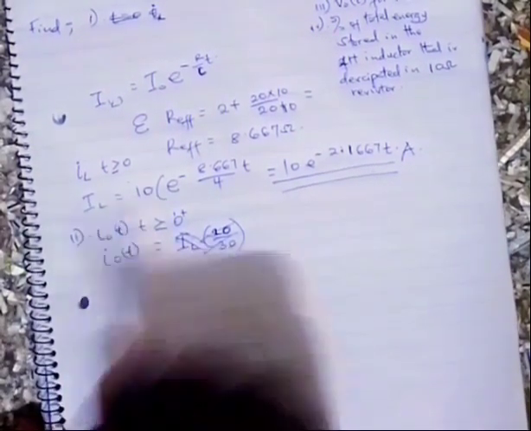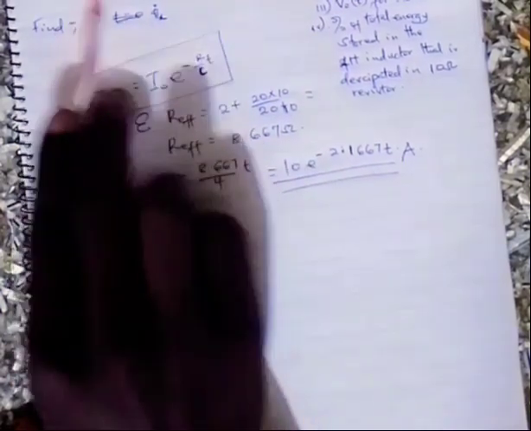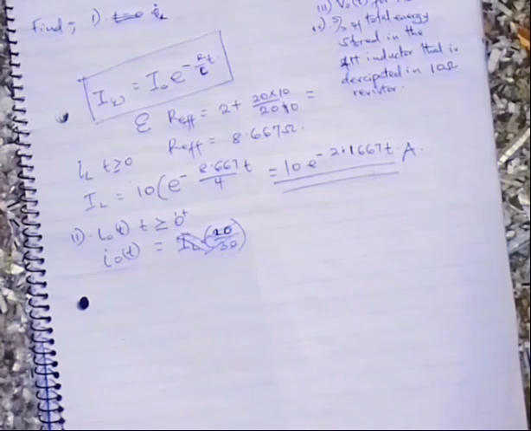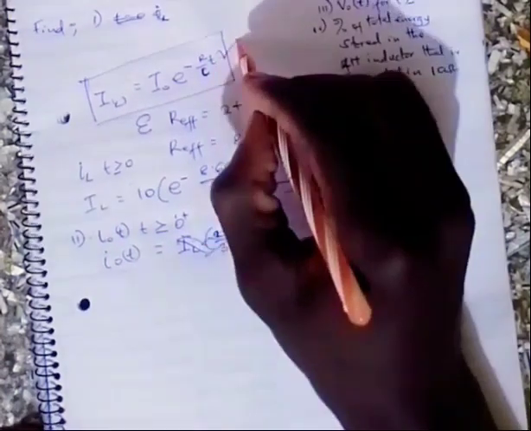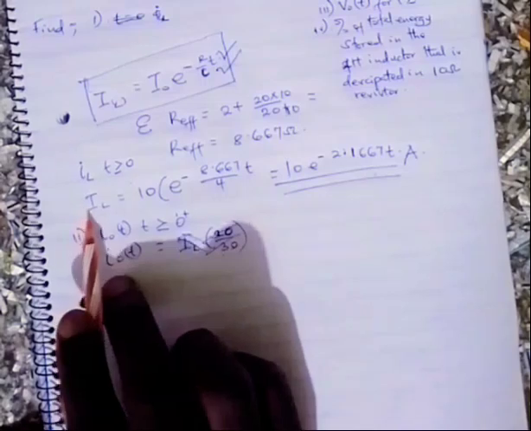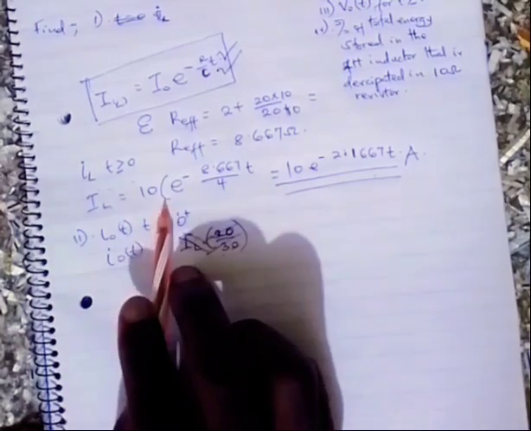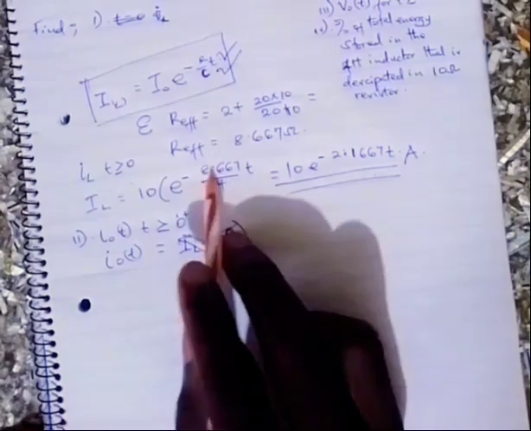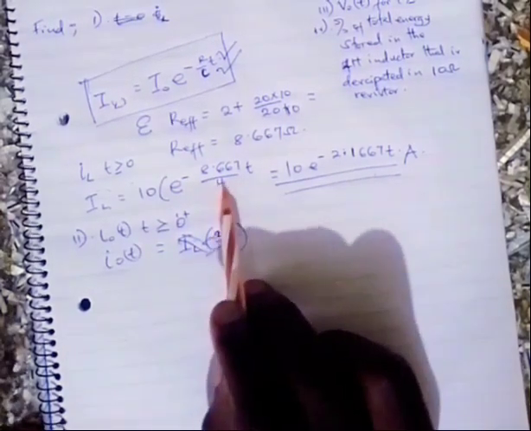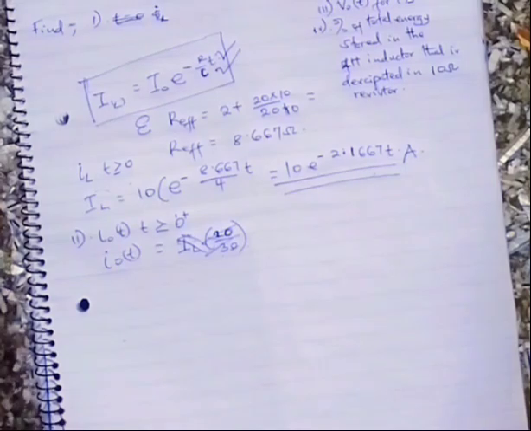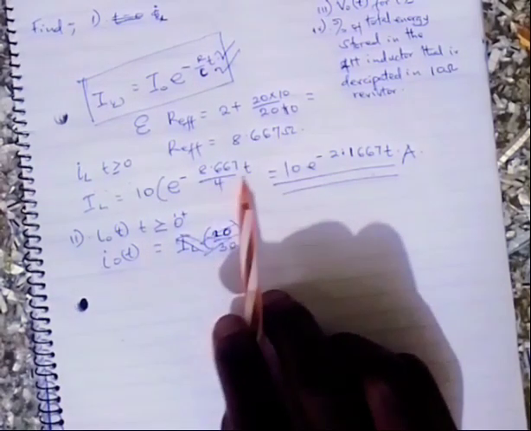Finding iL, using the formula iL equals I0, where I0 is the initial current of 10 amperes, times exponential negative R over L times t. After substituting, we have iL equals 10 exponential negative 8.667, which is the resistance, all over 4, which is the inductance, given as 4 henrys, times time.